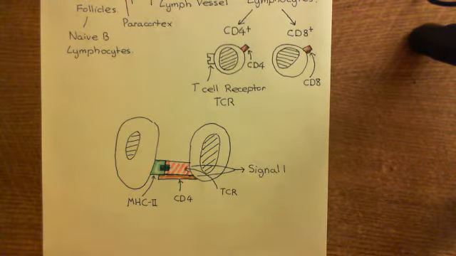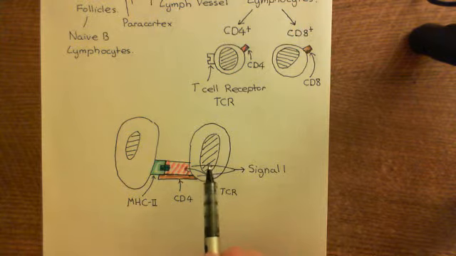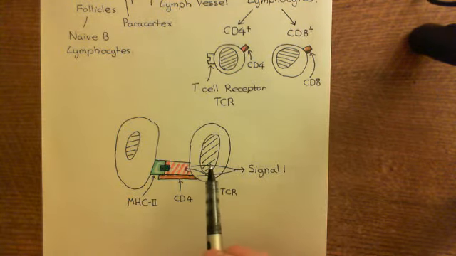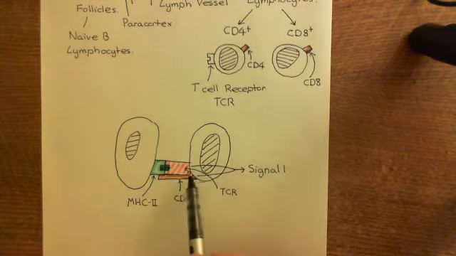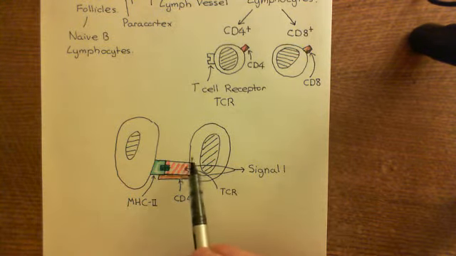Okay, now that is not enough to activate this CD4 positive naive T cell, and this is where we're coming back to this discussion of what it means to be a professional antigen presenting cell. In order to activate this naive CD4 positive T cell, you need to give it signal 1, and you also need to give it signal 2.